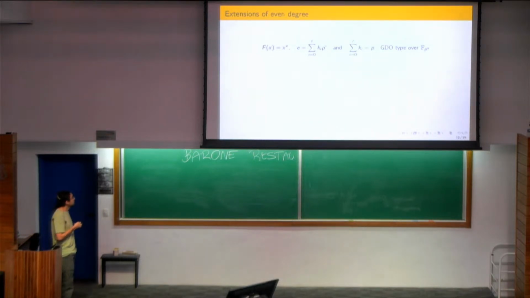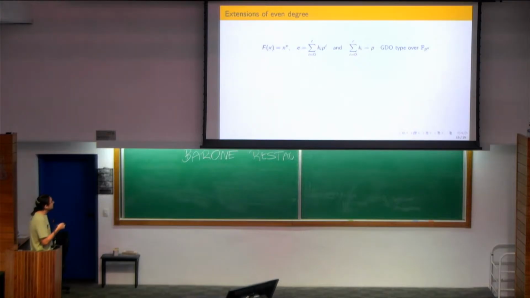So we have the second result here that gives us extensions of even degrees. But we add a condition: when we see this here, there exist two monomials in P that have exponents of different parity.